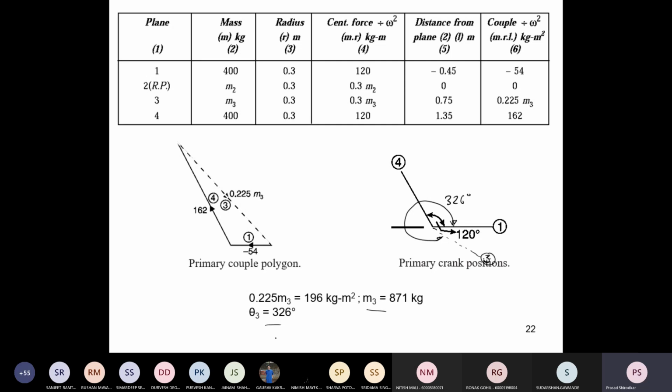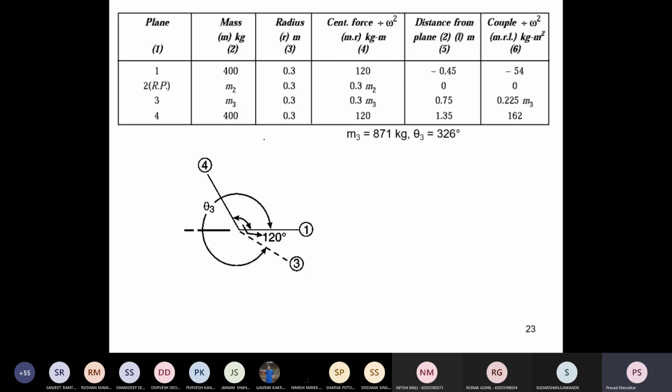All right, I'm going to keep this data on the next page. Let's continue. The next step is to construct the force polygon.